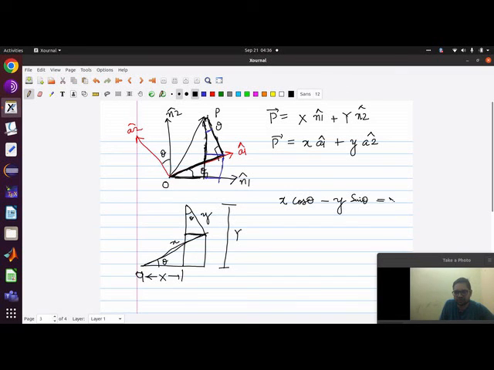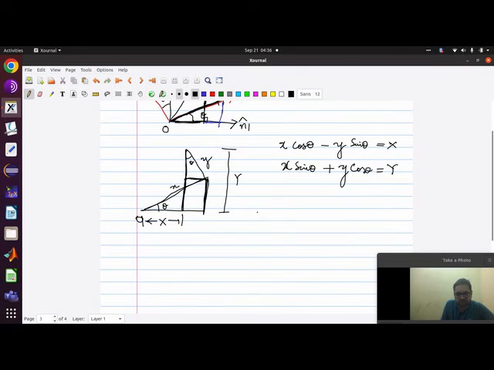It is your capital X. And then small x sin theta plus small y cos theta: small x sin theta is this height, and small y cos theta is this. So the sum of these two is nothing but capital Y.